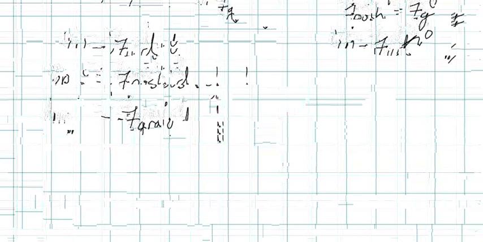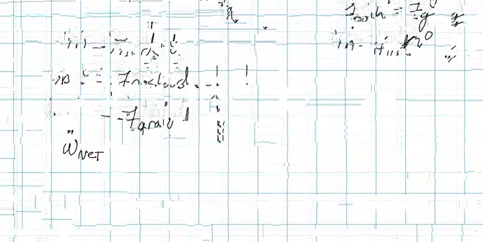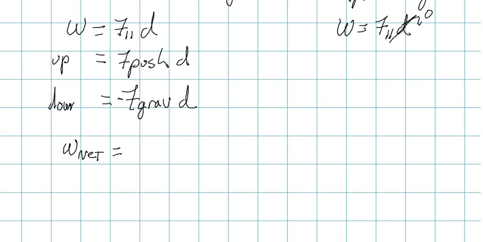So our work net is going to be exactly what it sounds like. It's going to be the net of all forces. So in our problem where we have a force being pushed up and a force being pushed down, we are going to add the work going up and we are going to add the work going down.